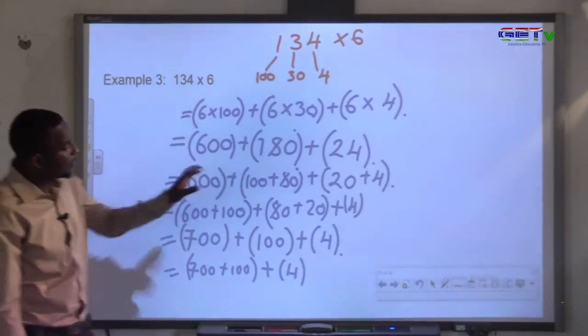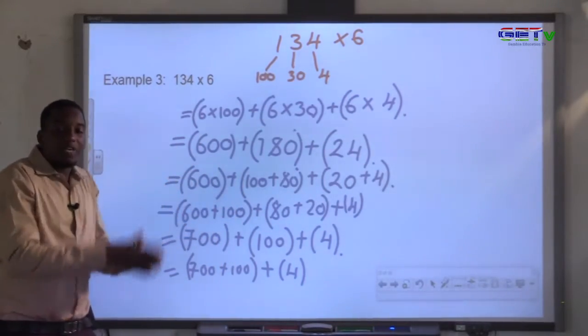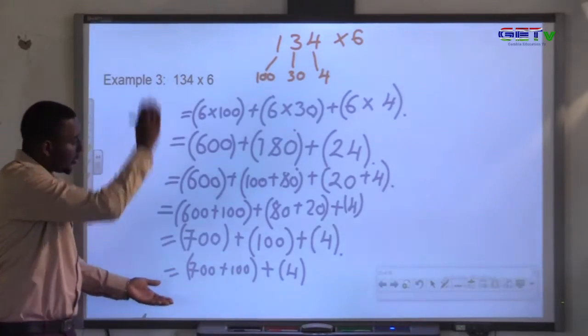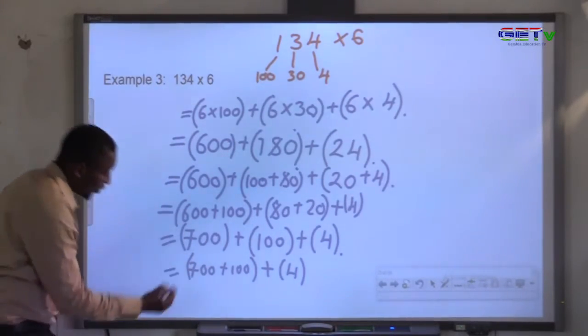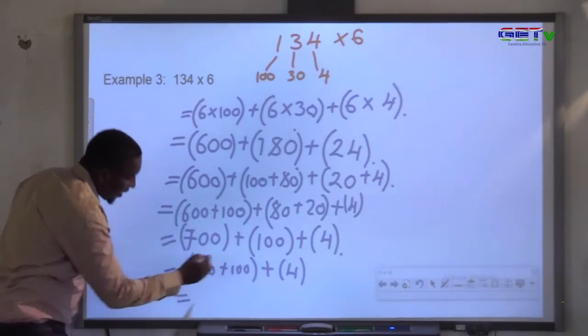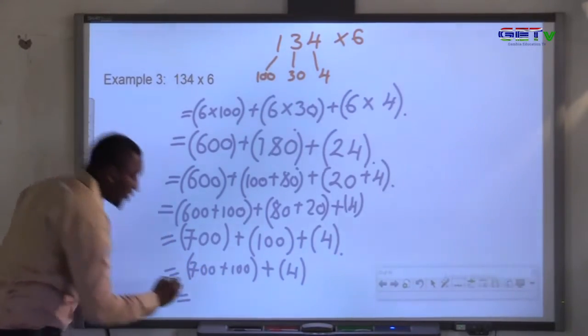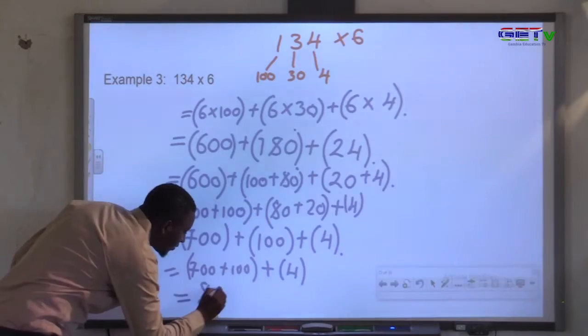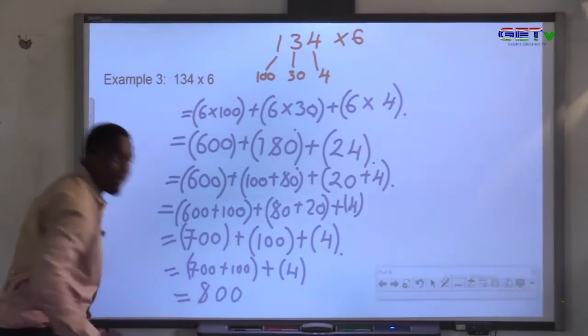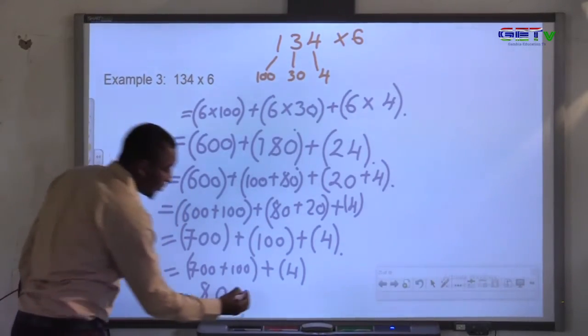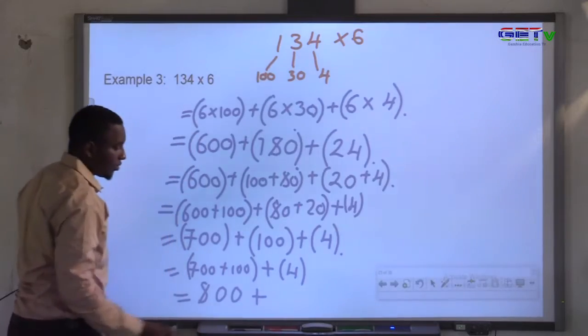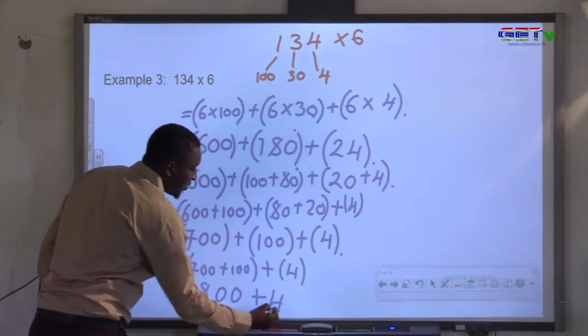We realize that along the way, the tens add up together to give us 100, and the hundreds column consumes that. So if we simplify that, 700 plus 100 will give us 800, plus 4.